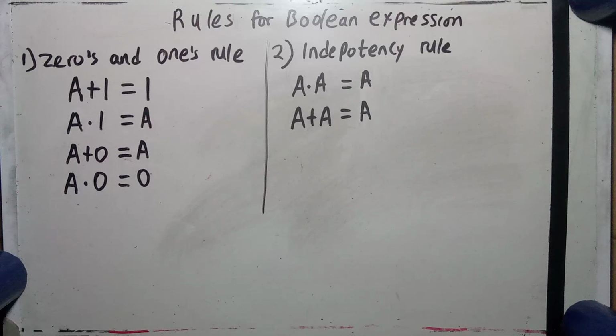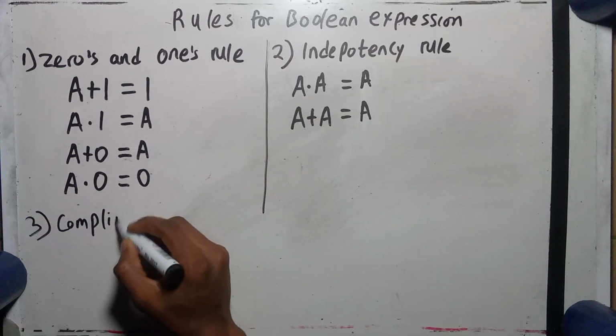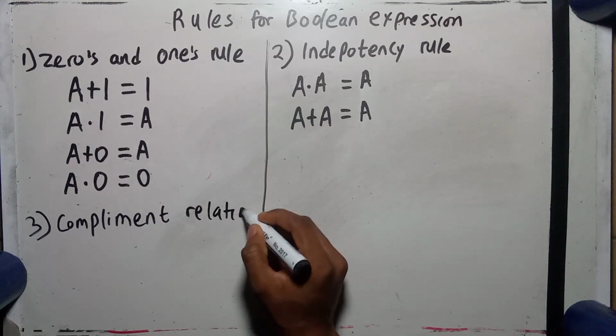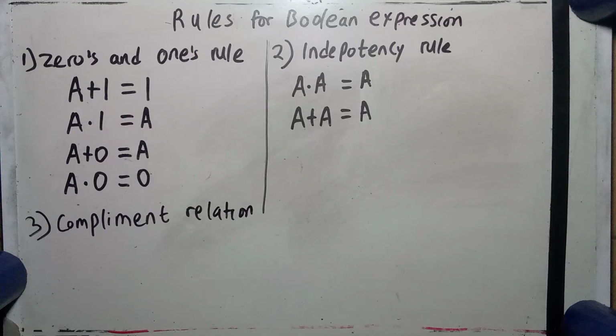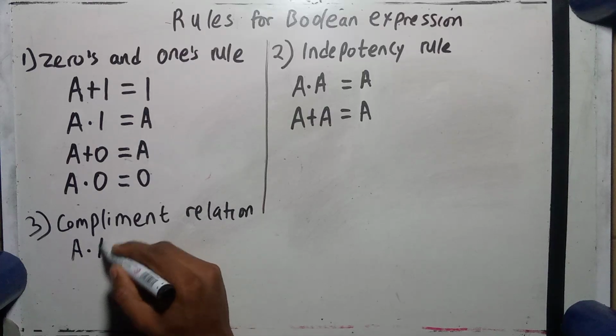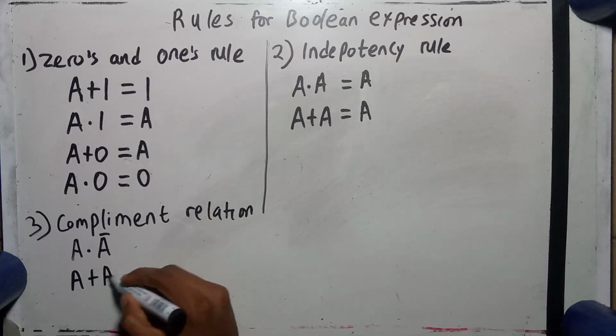Another one again is the complement relation. Now this one is also easy. Now what we are looking at is the relationship when we are multiplying a variable with its complement, and when we are adding it. So we can say something like A times A bar and A plus A bar.